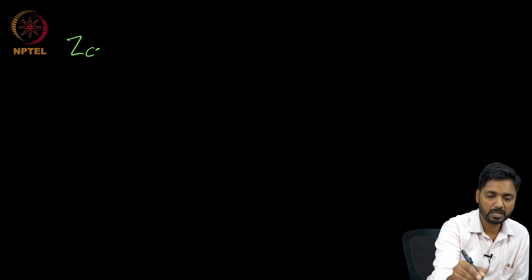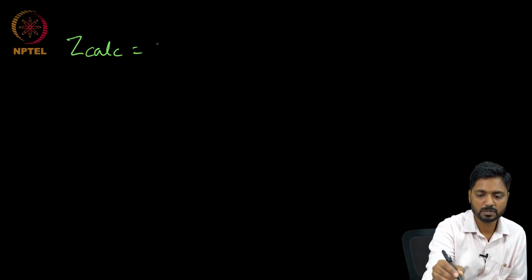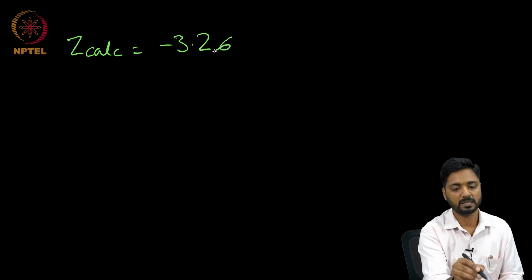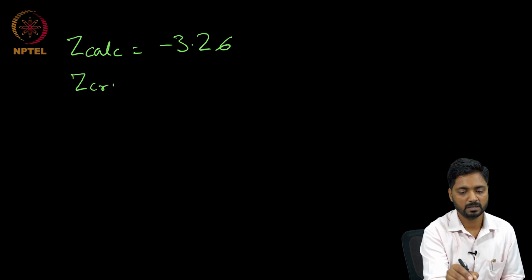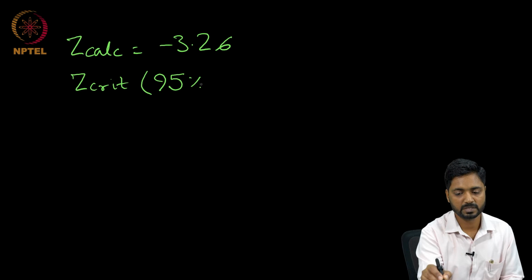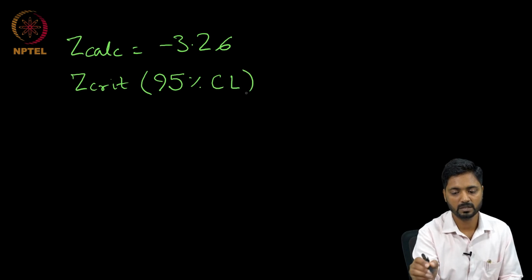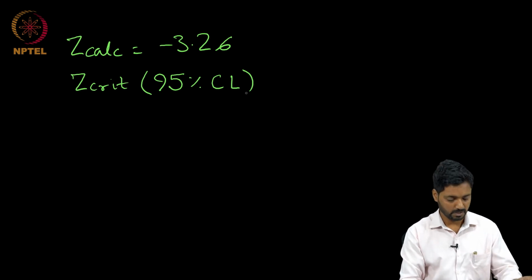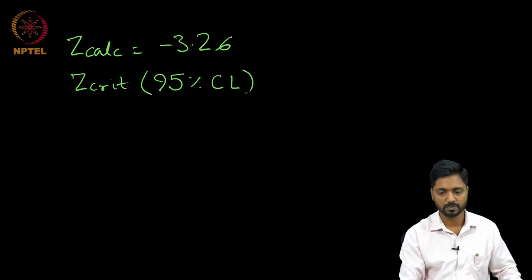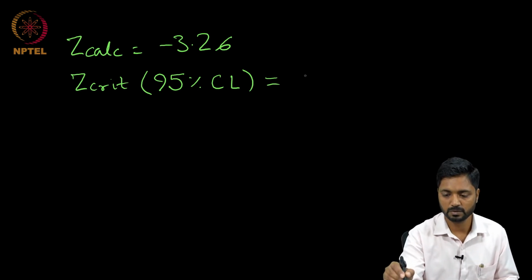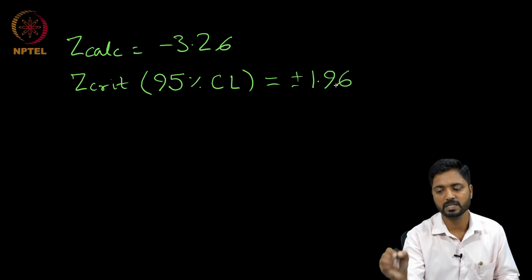So, z calculated was minus 3.26, and z critical at 95% confidence level for a two-tailed test should be equal to plus minus 1.96.